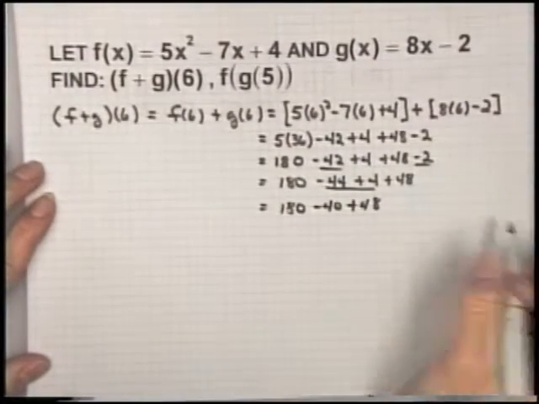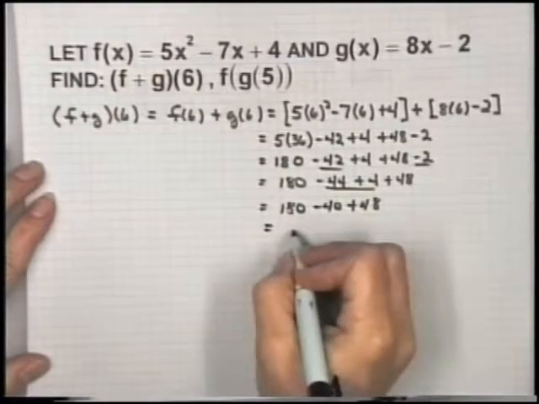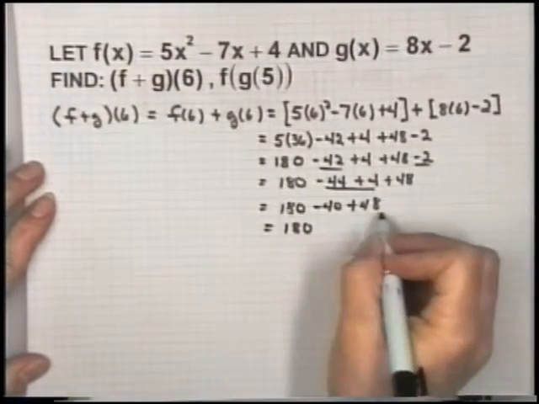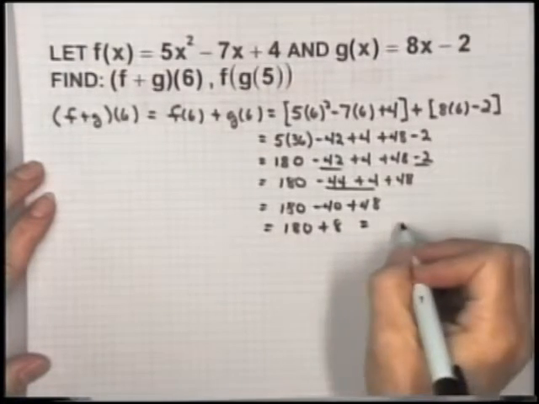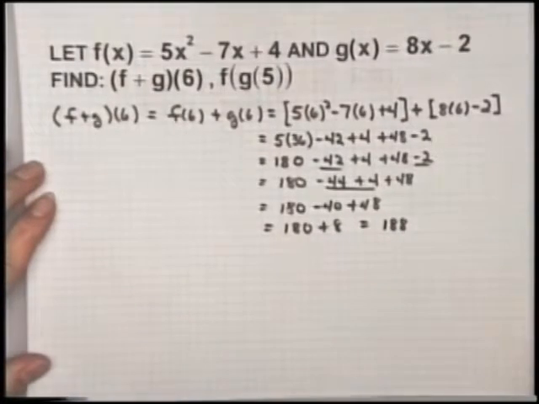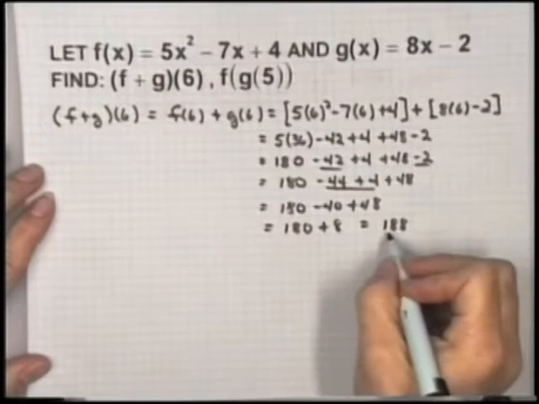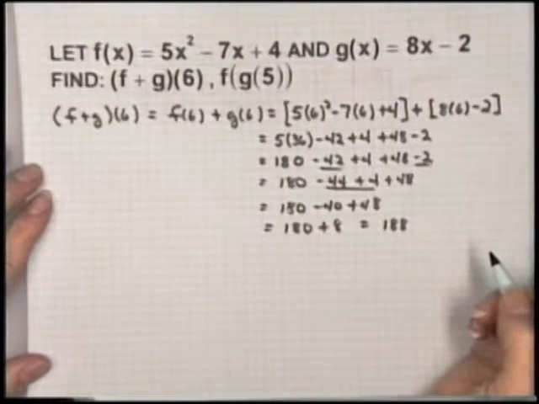Bring down that plus 48. Here, I have a minus 40 and a plus 48. That's a plus 8. And finally, 180 plus 8 is 188. Of course, if you had a calculator, you could just run through those and add those up real quickly. But we're saying that we get 188.